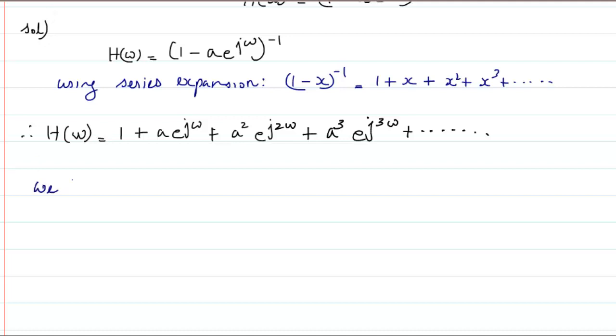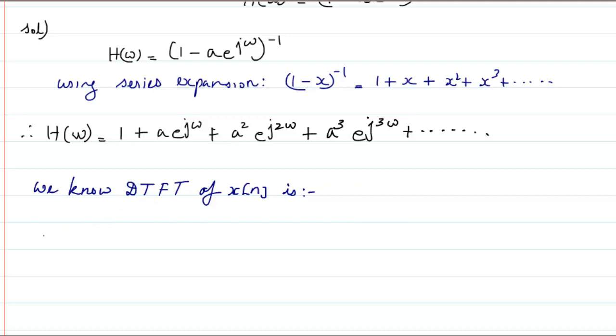So I will write, we know, DTFT of x of n is, what is the equation of DTFT of x of n?